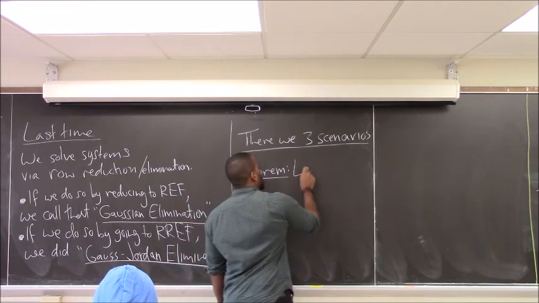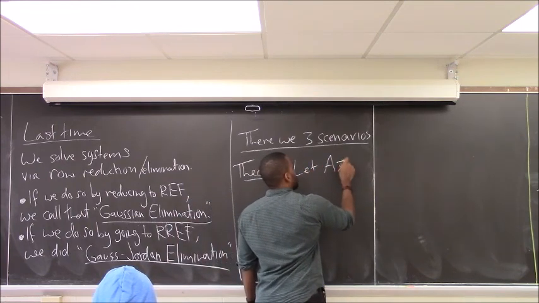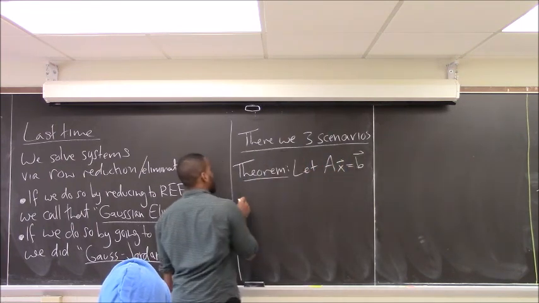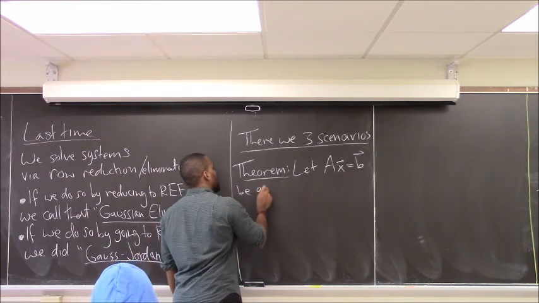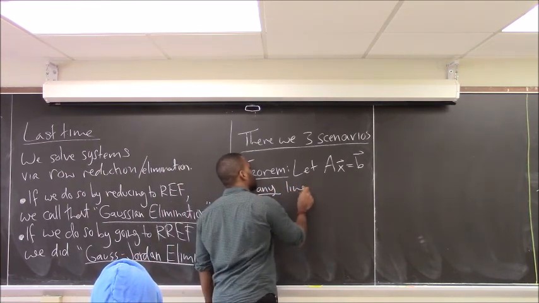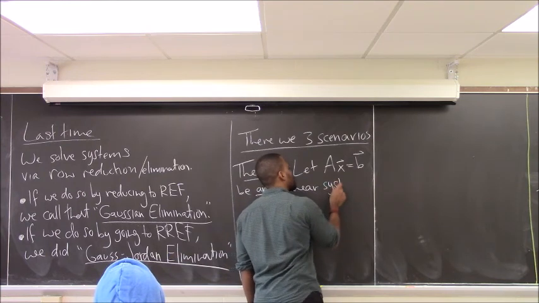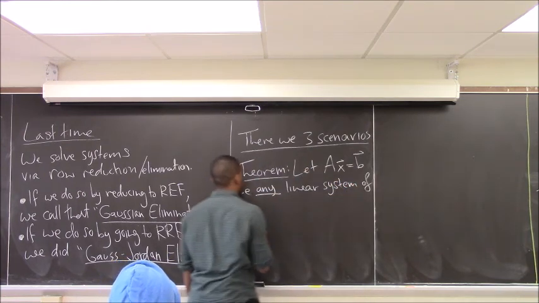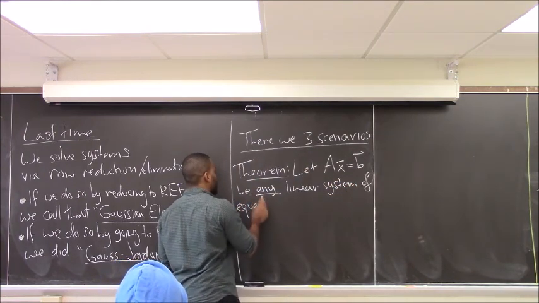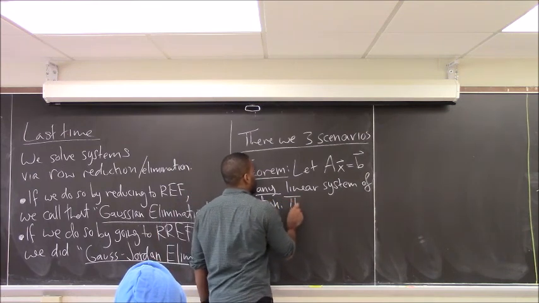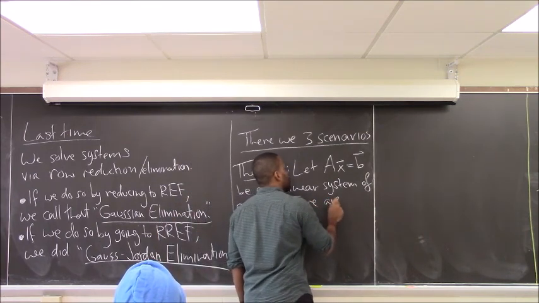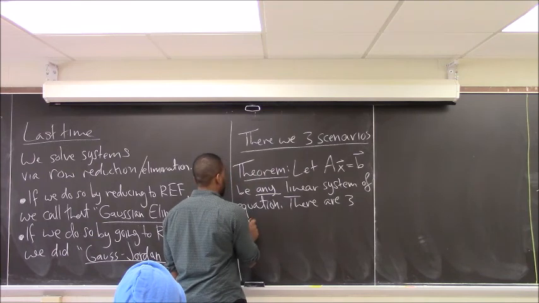So, let AX equals B be any linear system of equations. There are 3 possibilities for its solution.